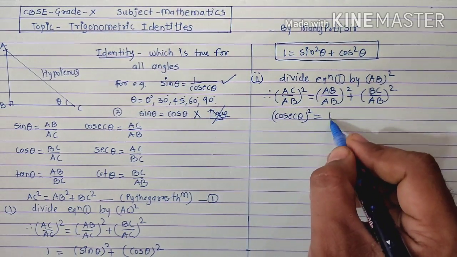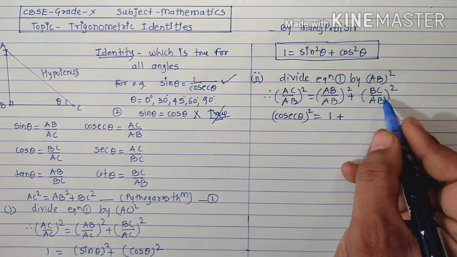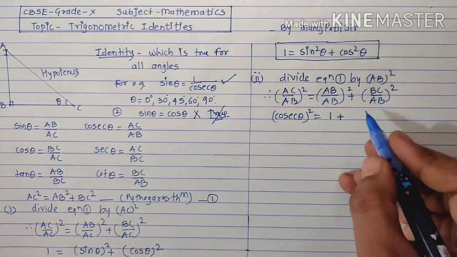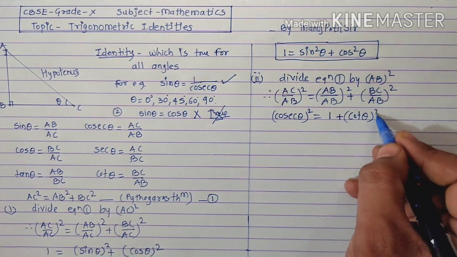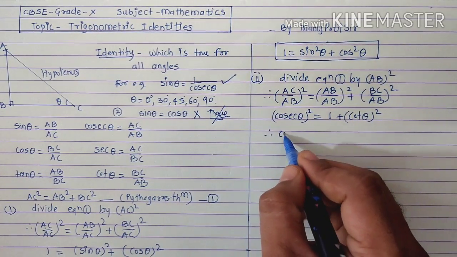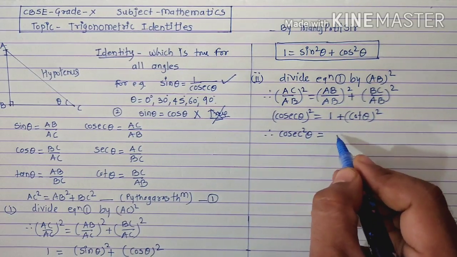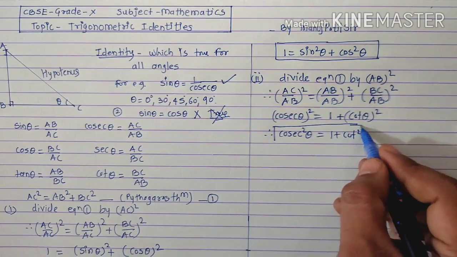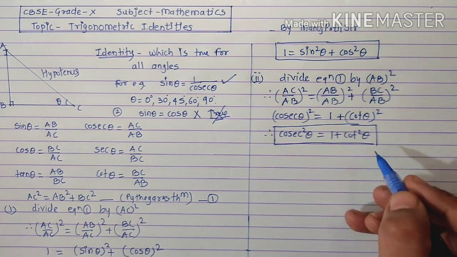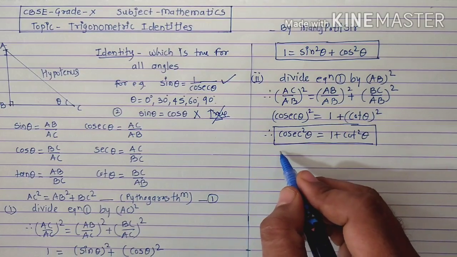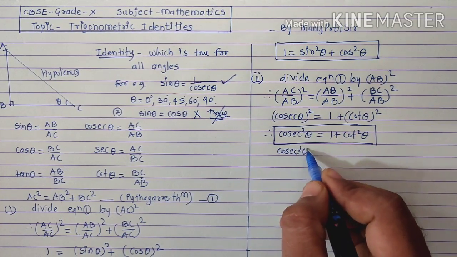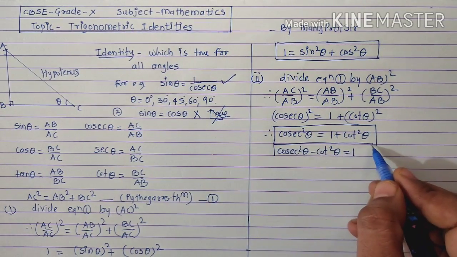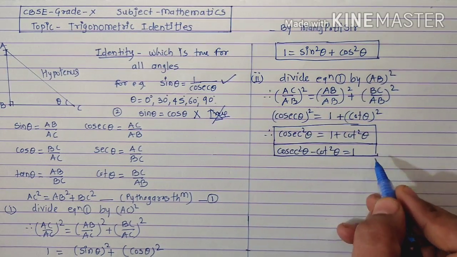AB upon AB is 1, and 1 square is 1. BC upon AB is cot theta, so we write cot theta bracket square. Therefore cosec square theta equals 1 plus cot square theta. So this is the second identity. We can also write it as cosec square theta minus cot square theta equals 1. Any way you write, no problem.